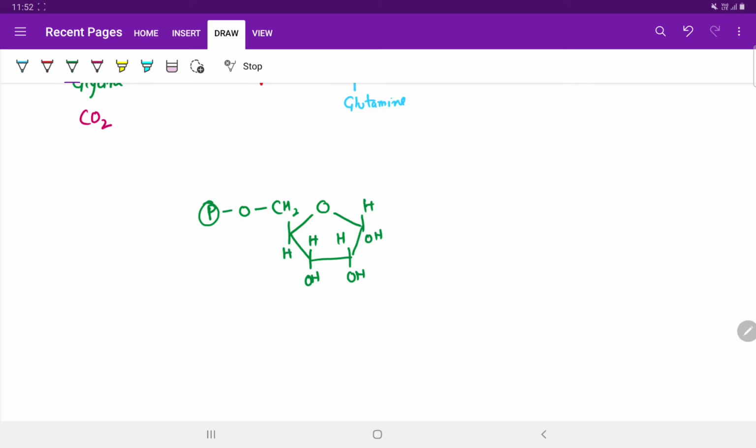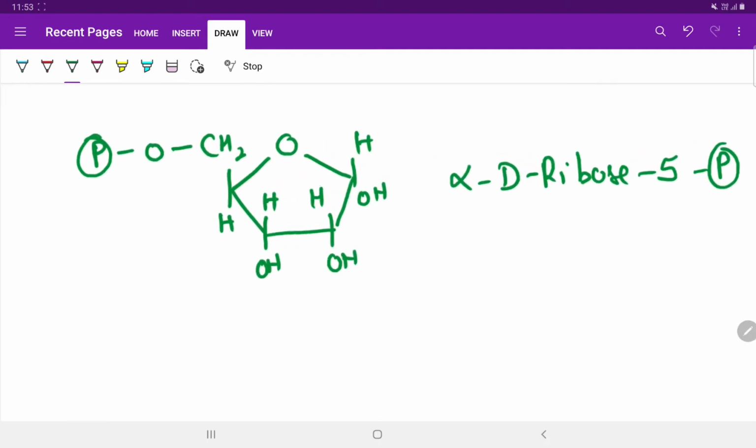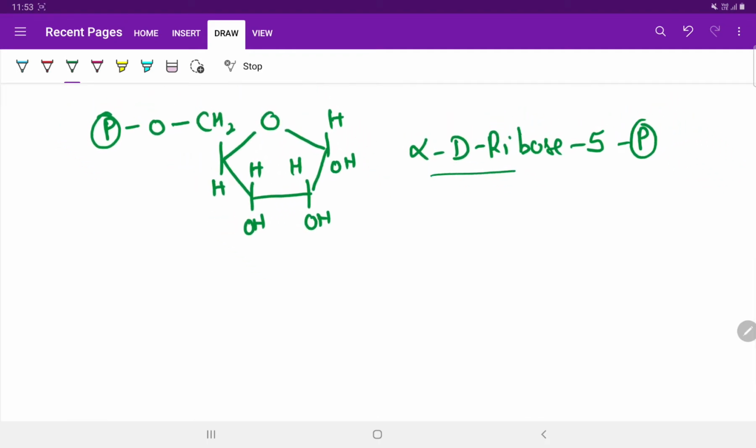So this is an alpha D ribose 5 phosphate molecule. The reaction will be starting from this.